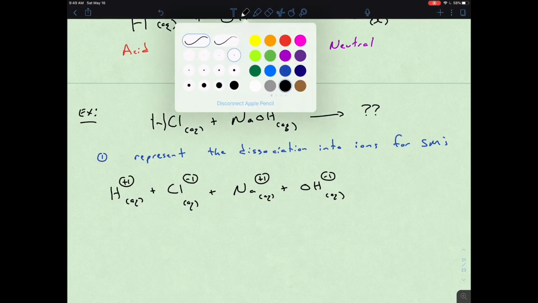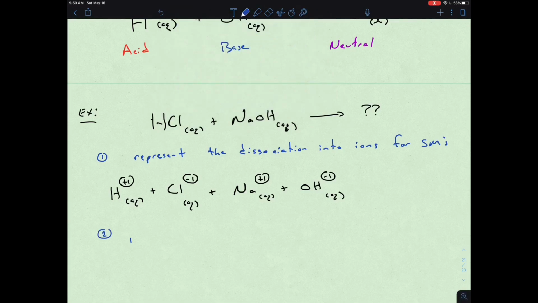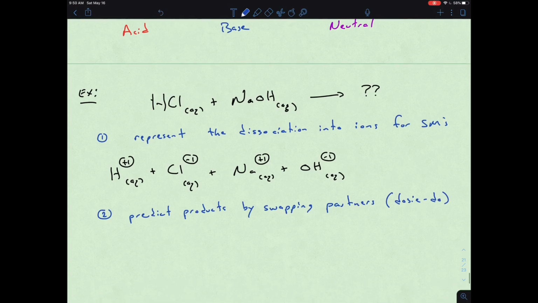And we now just want to do the same thing. We want to predict products by swapping partners, or that do-si-do idea. So we would be looking at the combinations of Cl and Na, as well as H plus and OH minus in that swapping of partners.